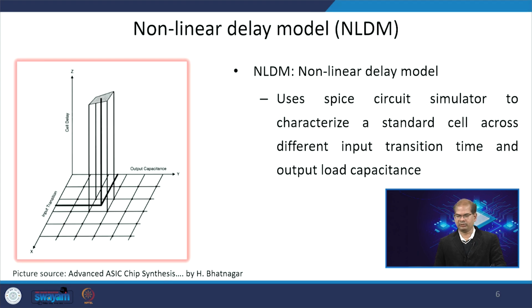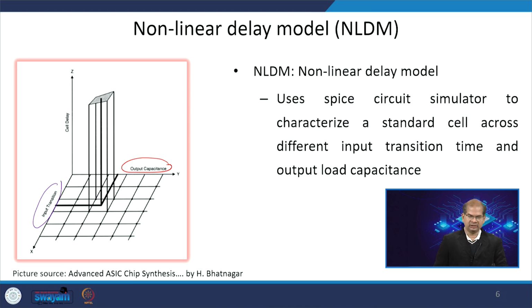Now, we will discuss the nonlinear delay model. Whatever we discussed so far, we are finding the cell delay. One direction is your input transition time and the other direction is your output capacitance, and for each of these combinations in the tables, here in this example we showed some table, but it depends on your requirement how many points you create for characterization. For those combinations you will find the propagation delay and the transition times.